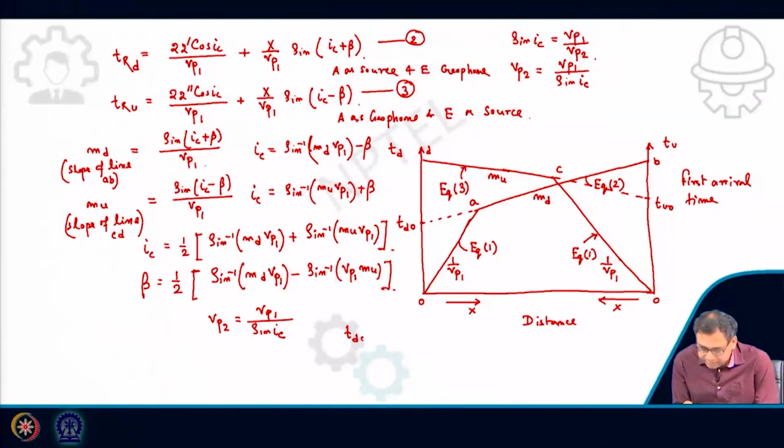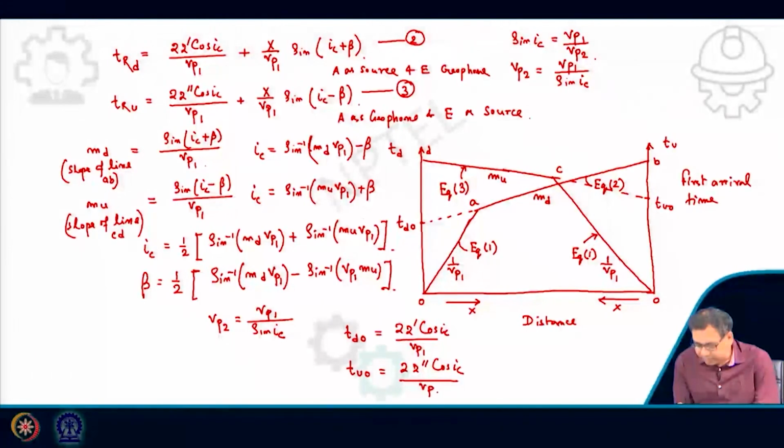So now I am writing TZ0, that will be equal to simply 2Z dash cos IC divided by VP1. And similarly TU0, that will be 2Z double dash cos IC divided by VP1.